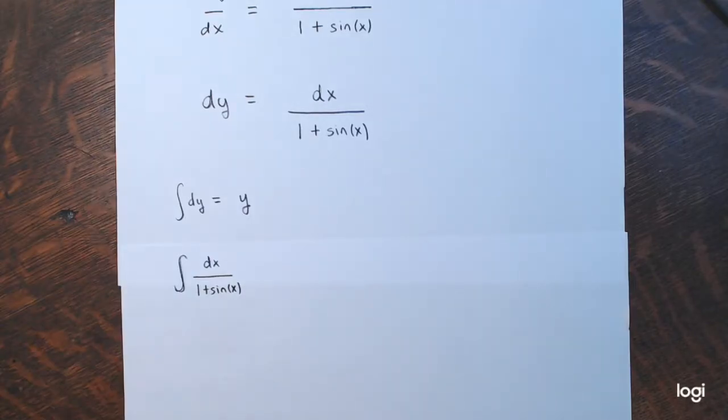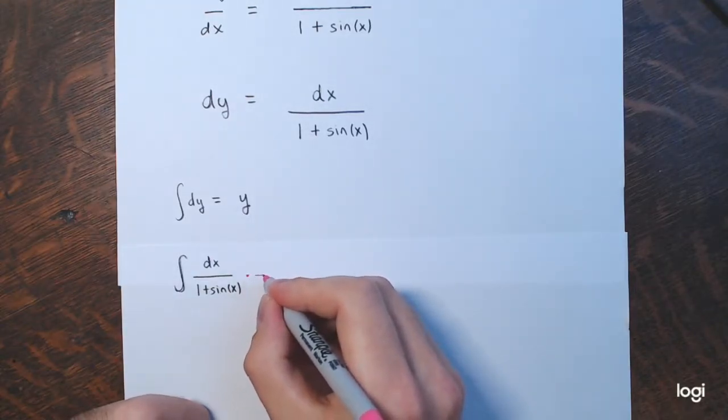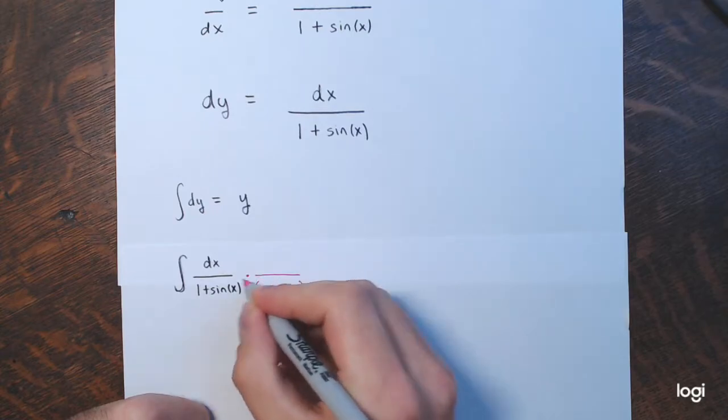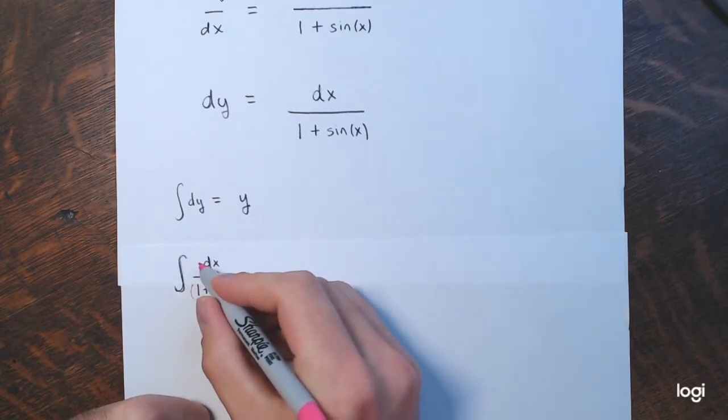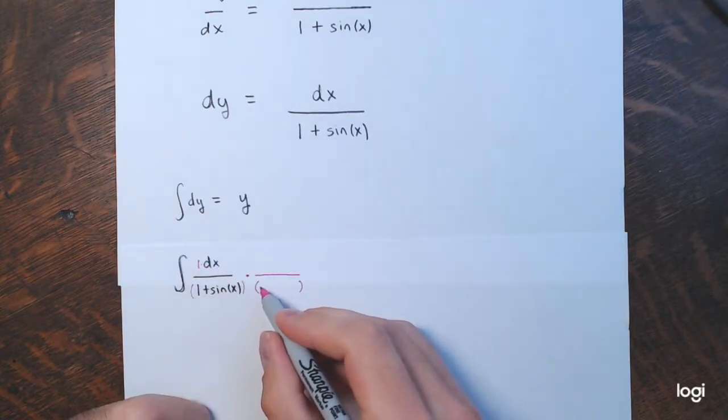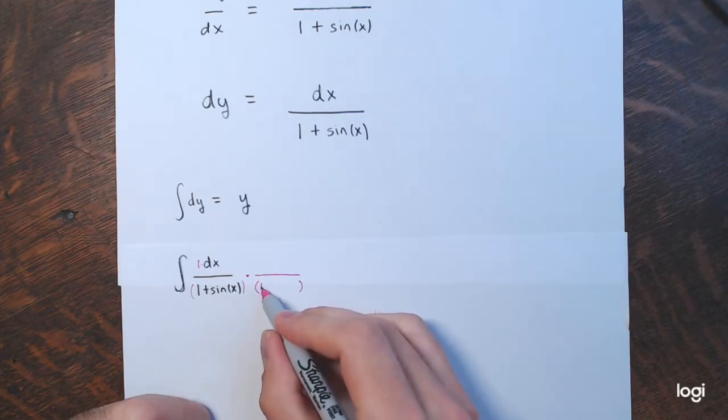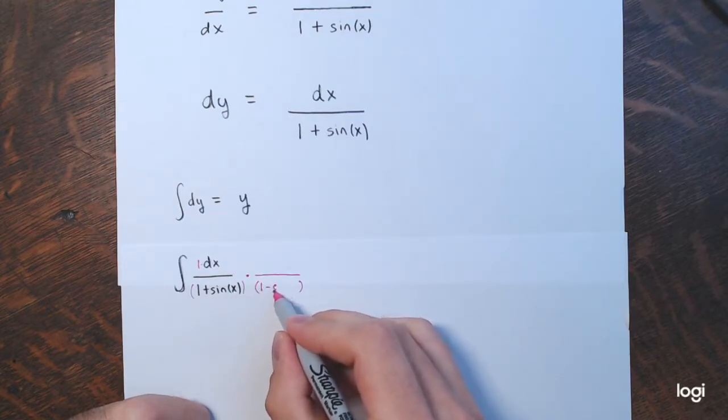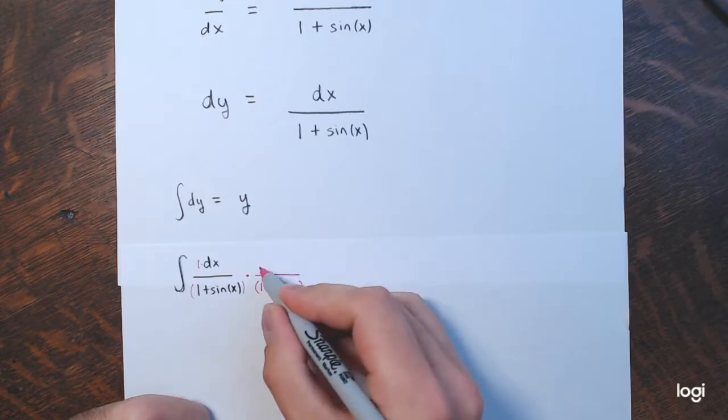I'm going to multiply the numerator and denominator of this fraction, this is 1 times dx in the numerator, by the conjugate of the denominator, which would be 1 minus the sine of x, and the same for the numerator.